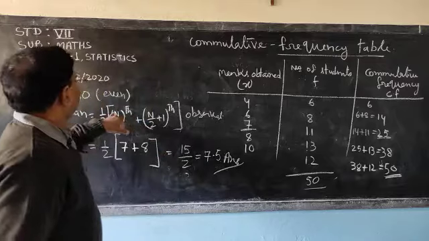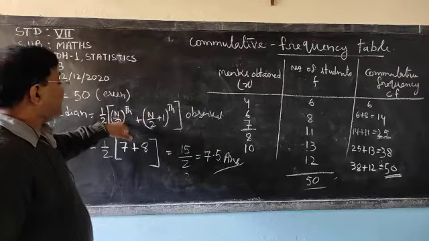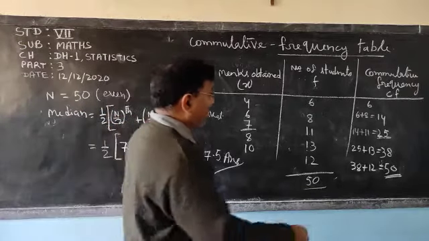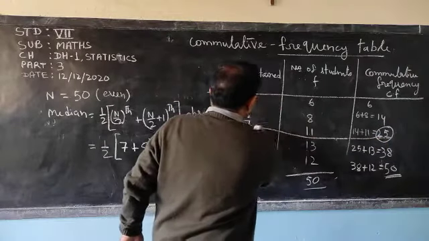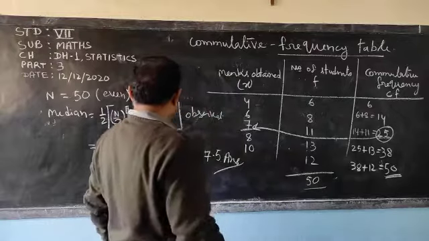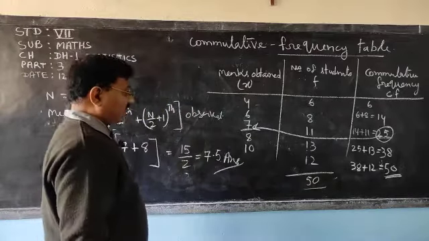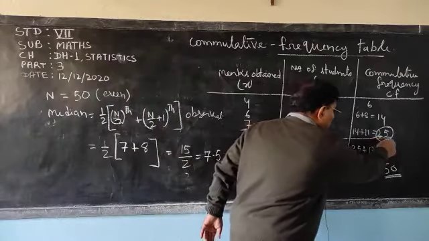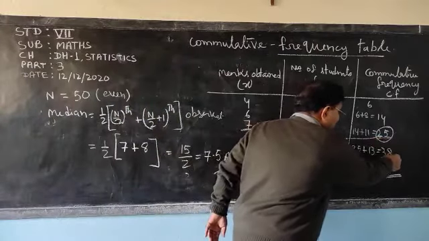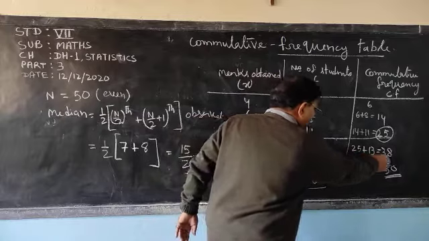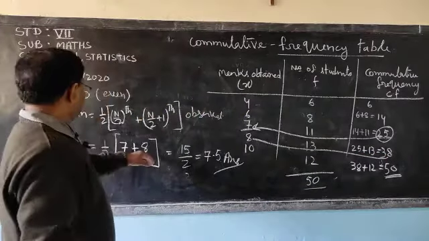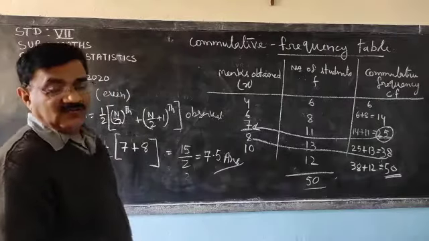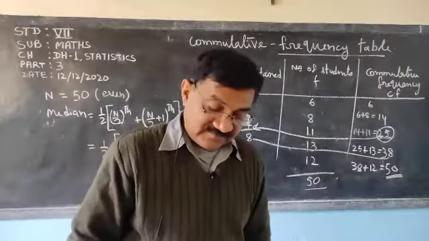Now it is 50 by 2 means 25th observation. The 25th observation is 7 and the 26th observation, 26 to 38, is 8. So 7 plus 8 divided by 2, and that is the median.